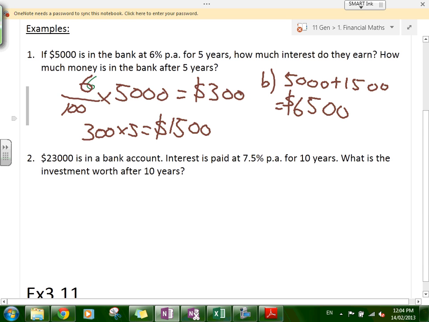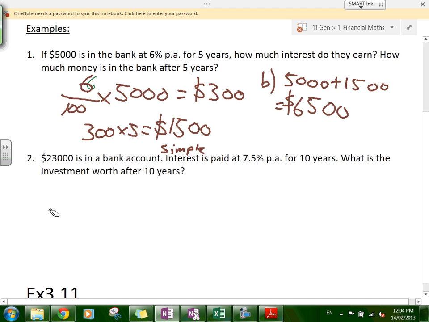Next one, $23,000 is in a bank account. I should specify it's simple interest. Simple interest is paid at 7.5% per annum for 10 years. What is the investment worth after 10 years? It's the same process. Find what 7.5% is, which I'll do using a different method for this one.